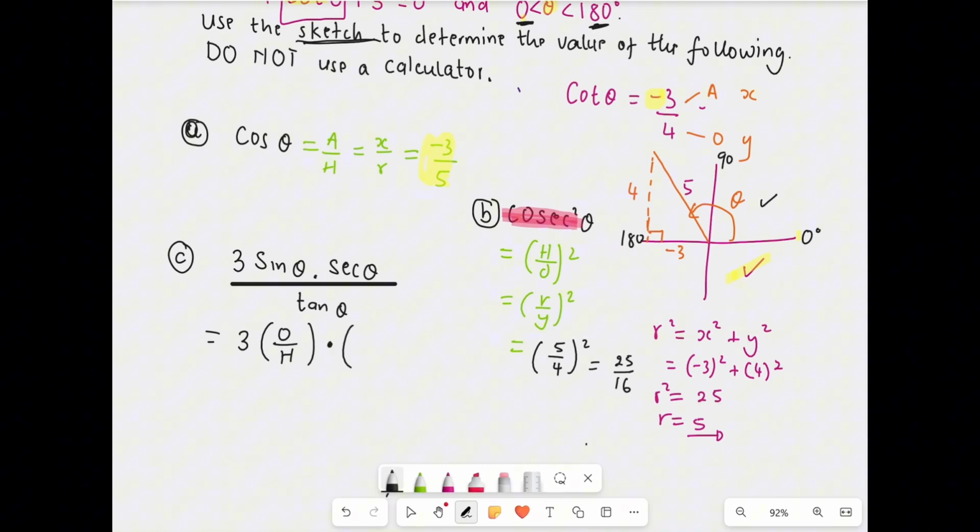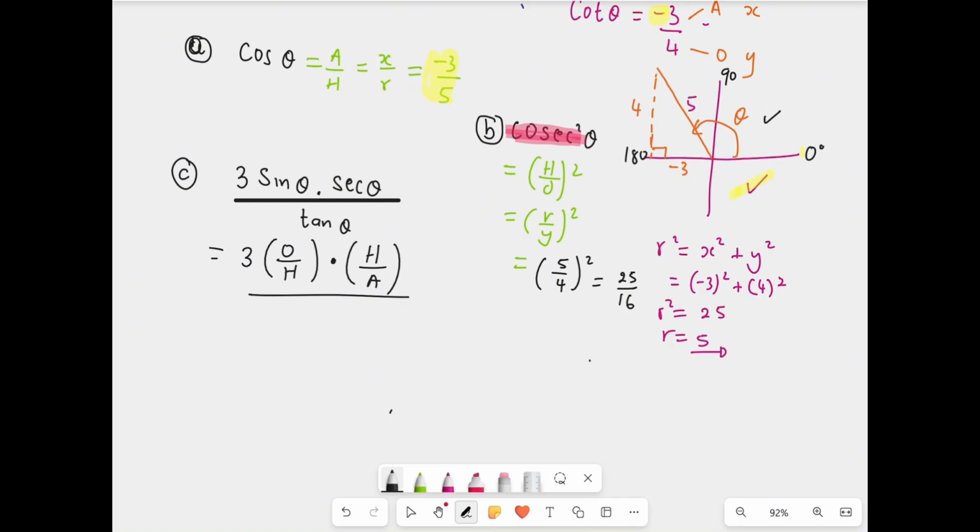Remember, sec is the reciprocal of cosine, or of cos. So that means sec will be hypotenuse over adjacent, all divided by, what is the definition of tangent? What is the definition of tan? The definition of tan is opposite over adjacent.